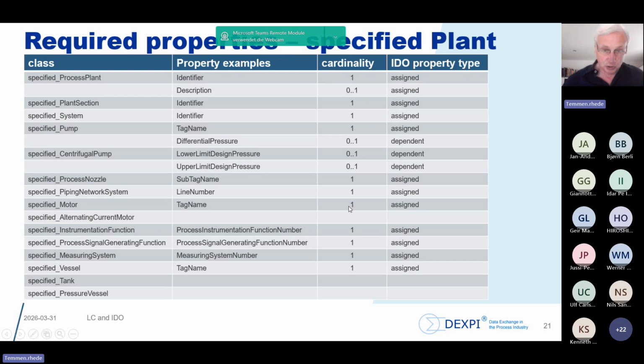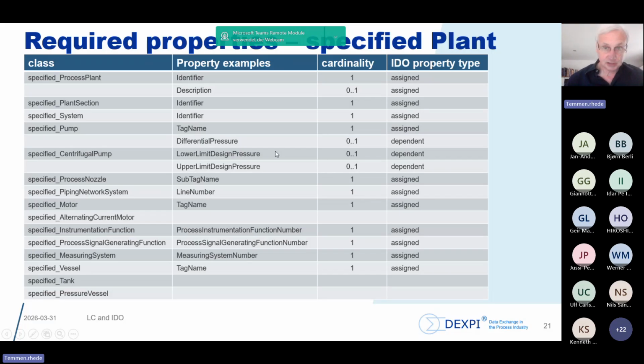And what we see more is a cardinality. The cardinality says, okay, this property can be assigned to a specified centrifugal pump. It can be assigned, and the maximum assignment is one time this property.